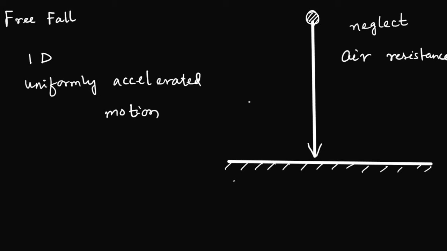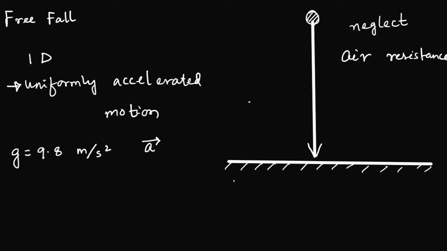That's why we are calling it a uniformly accelerated motion, and g has to be taken as 9.8 meter per second square, which is basically constant. G is basically the acceleration of any object which is pulled by earth towards its surface.